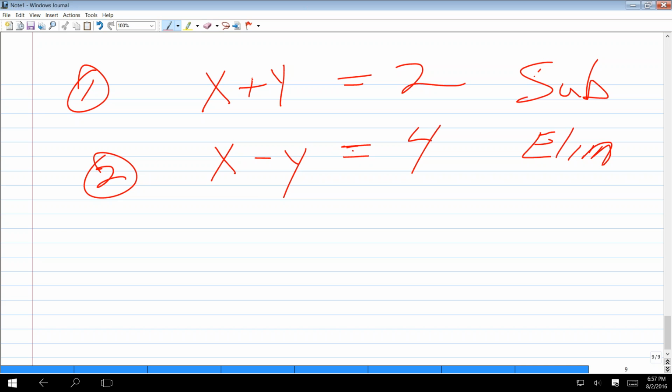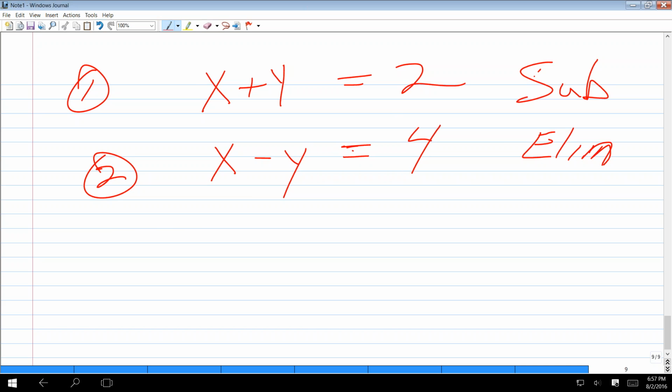So I could use substitution, but this is what's called standard format. Standard format is where your x and your y term are on the left side of the equation, and a number is on the right side. Whenever you have standard format, there's an easier method called elimination.